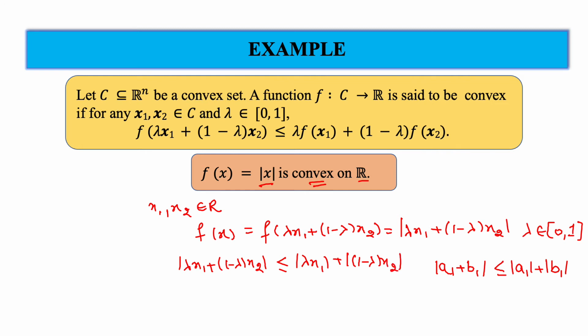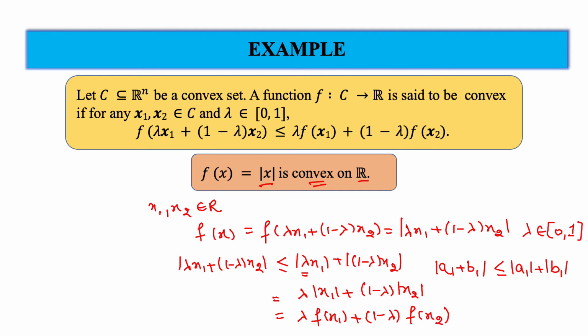Since lambda is a scalar we can take it outside, so it will be lambda mod of x1 plus 1 minus lambda mod of x2, which is nothing else but lambda function of x1 plus 1 minus lambda function of x2.